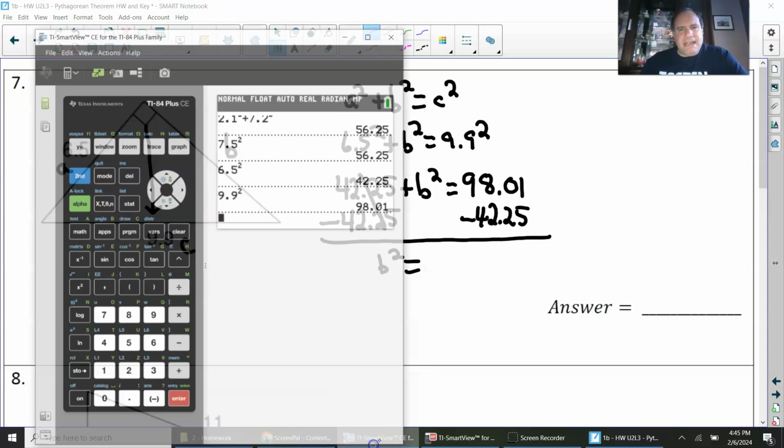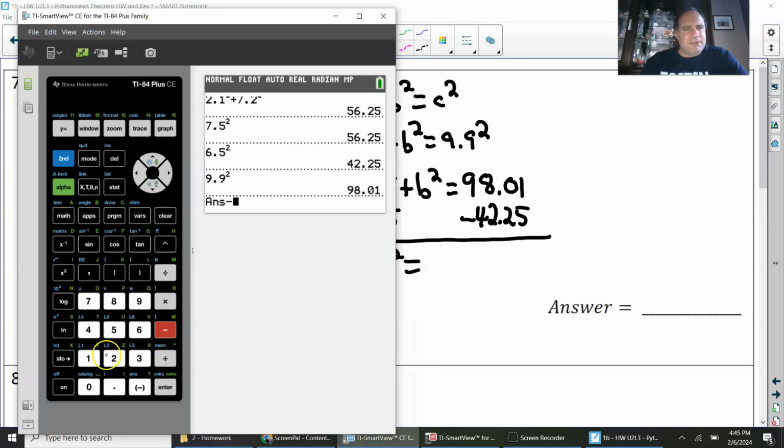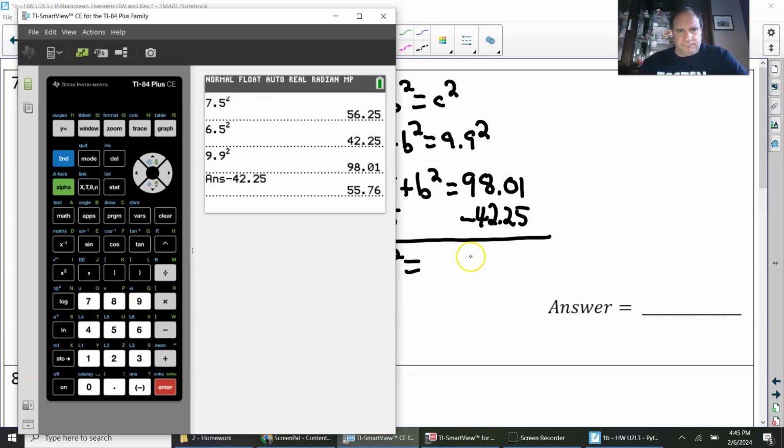So I have 98.01 minus 42.25. And it's 55.76.